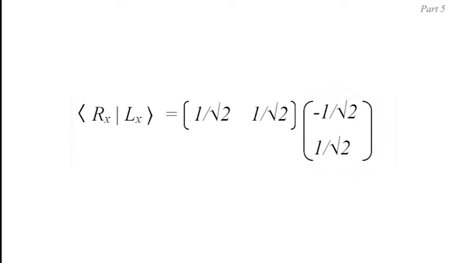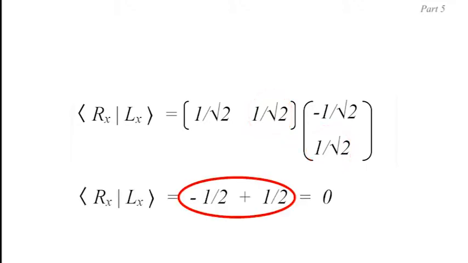Now this multiplication isn't difficult. You just do the usual, take the first one times the first one and add to the second one times the second one. So it's 1 over root 2 times minus 1 over root 2, which is minus a half, plus 1 over root 2 times 1 over root 2, which is plus a half. Add them together and the total is 0.